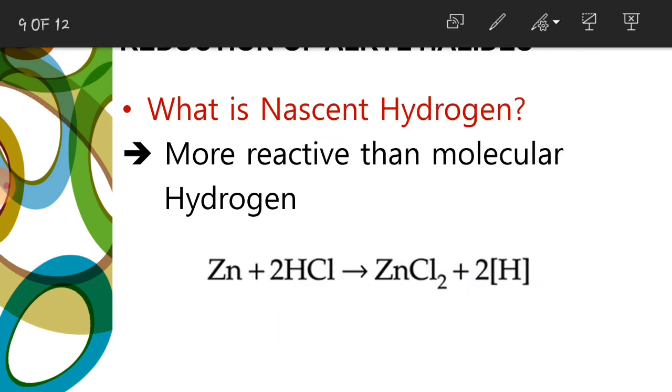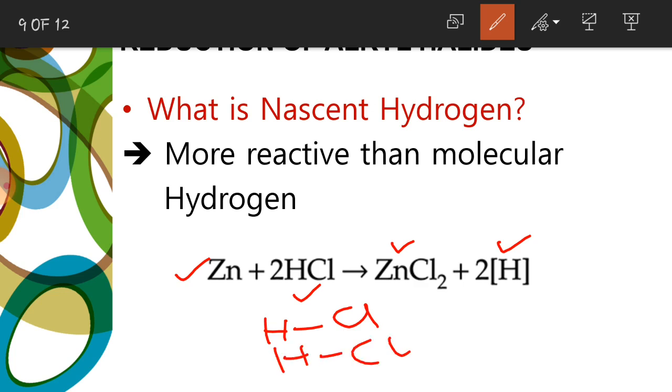How is this nascent hydrogen produced? When zinc reacts with HCl, it results in the formation of zinc chloride and two atoms of hydrogen that are also called nascent hydrogen. What actually happens is that, suppose we have two molecules of HCl here, the bond between H and Cl breaks, and after the breaking of this HCl bond, these two molecules result in the generation of two atomic hydrogens.